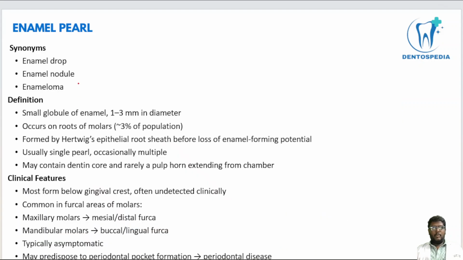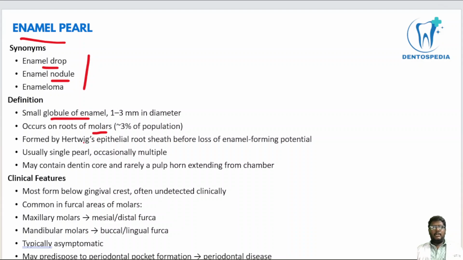Coming to another anomaly, that is enamel pearl. It is also called enamel drops, enamel nodules, enameloma. So these are the synonyms. So what are the characteristic features? You can see certain small globules of enamel on the tooth, usually in the molars, in the furcation region.